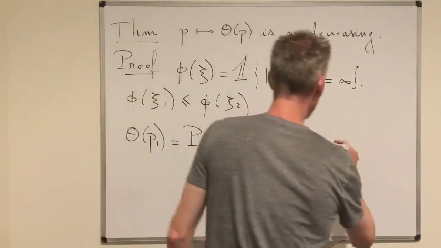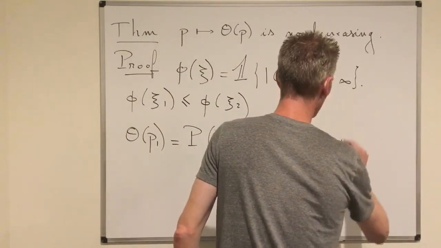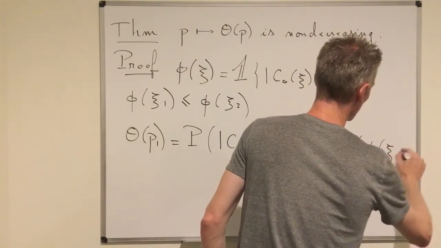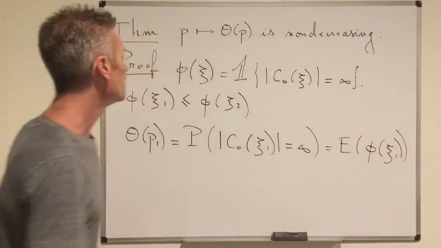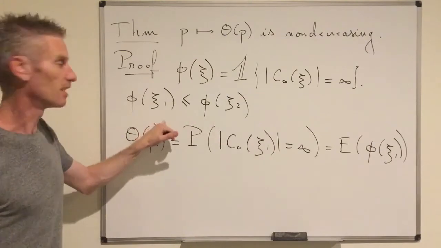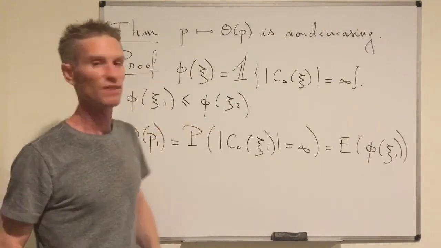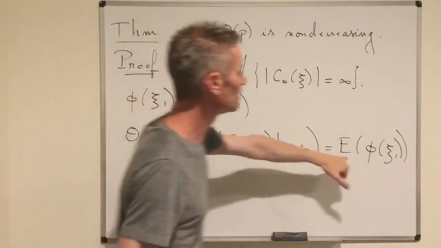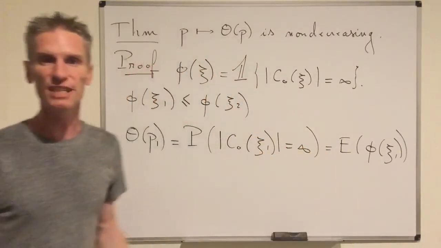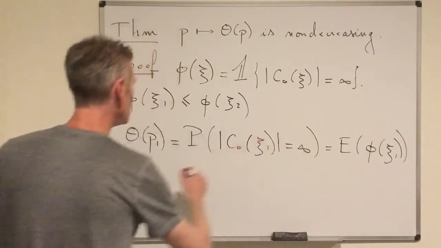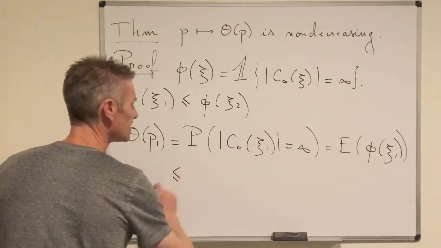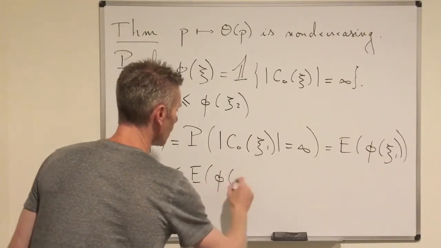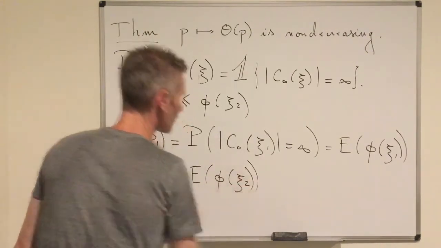So this is equal to the expected value of phi of xi1. Now, by monotonicity here, we know that phi of xi1 is less than phi of xi2. So, because of this, and also because the expected value is a monotone operator, we deduce that this is less or equal to the expected value of phi of xi2.